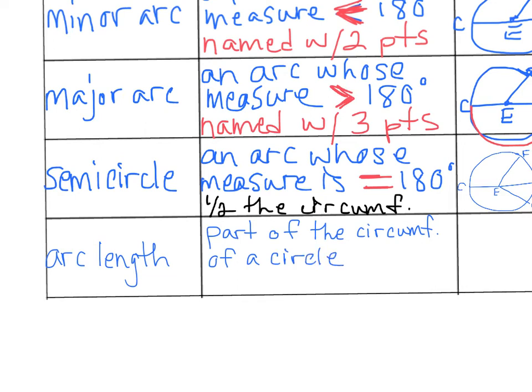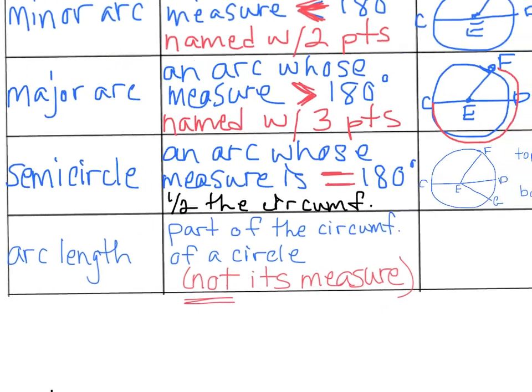So I just want to remind you here that that is not the same as its measure. We have a whole video that's just devoted to talking about arc length. And that does use a proportion, so I want you to know how to solve for that.